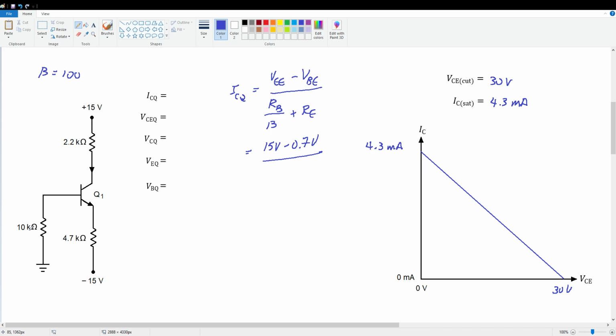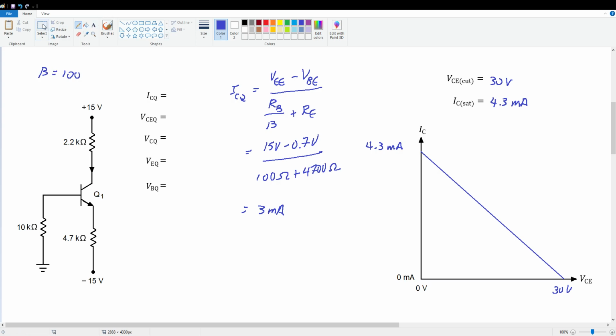RB is 10,000 divided by 100 is 100 ohms plus 4,700 ohms. So our denominator is 4,800 ohms, and that gives us an ICQ of pretty darn close to 3 milliamps. So I'll leave this here for a second. The equation, plugging in the numbers from the circuit, doing the arithmetic, 3 milliamps.